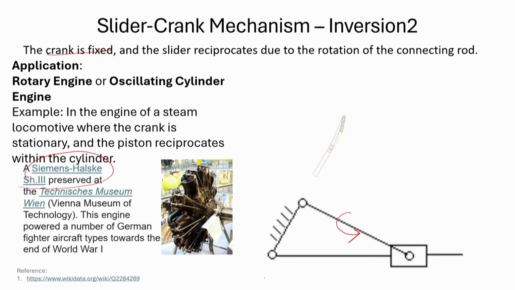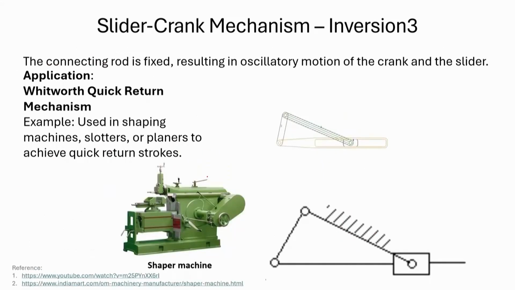You can see here that the crank is fixed and it is the connecting rod with the slider that is creating this motion of the system, and that is something where multiple piston cylinders are getting energized by the mechanism. So, this is inversion 2. Inversion 3 can be that the connecting rod is fixed, but the crank is working and the slider is working.